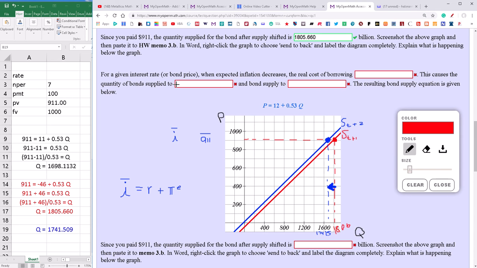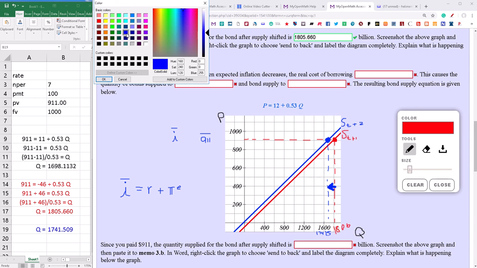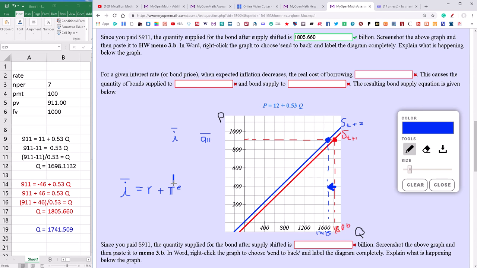So when we expect inflation to decrease, this side has to equal this side, and this side doesn't change, well then the real cost of borrowing rises, right?